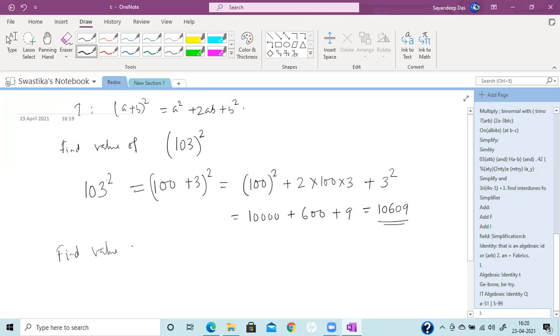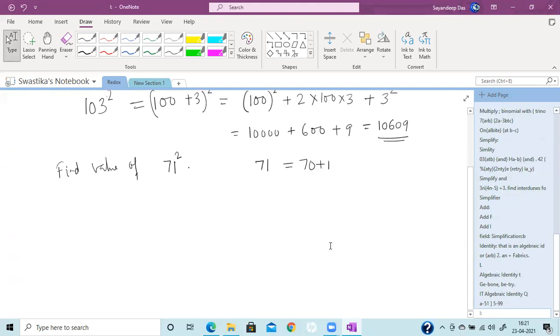So now the second problem: find the value of 71². So what is 71? 71 is equal to 70 + 1. So you will have to see the nearest number which you can round off.